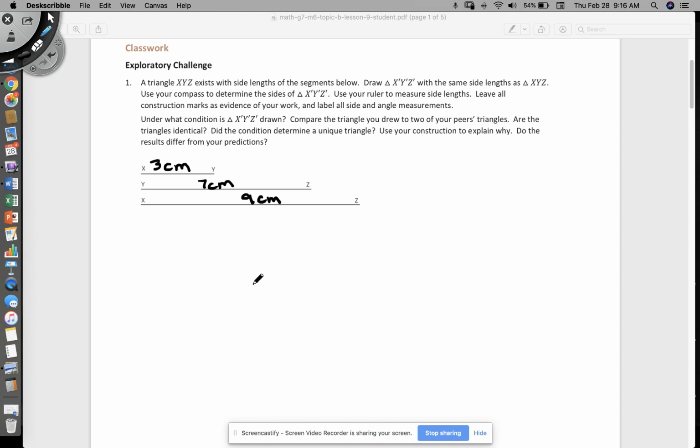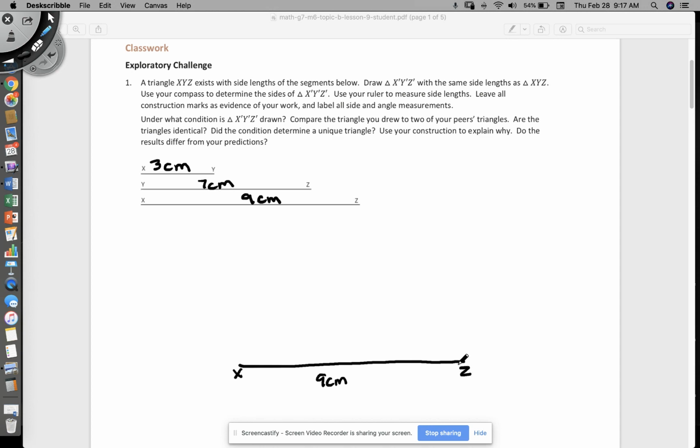So when we're done, we're going to compare it up. XZ is my longest, so I'm going to make that my baseline. And again, I'm not using a ruler with my tablet here, so I'm kind of guessing, but make sure yours is actually 9 centimeters. So we're going to label that 9 centimeters, and this is X, and this is Z.